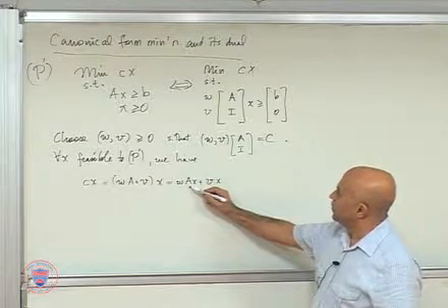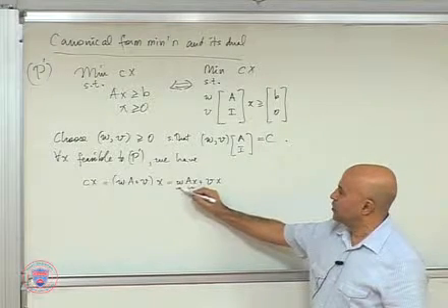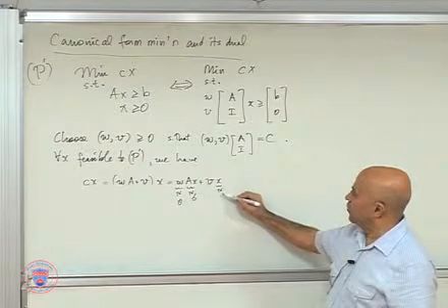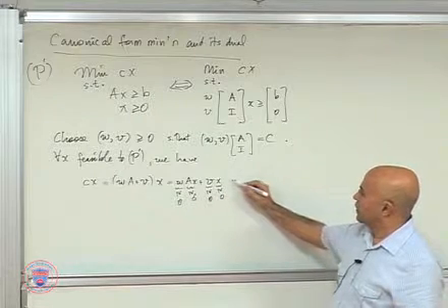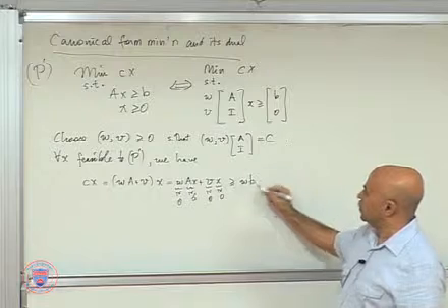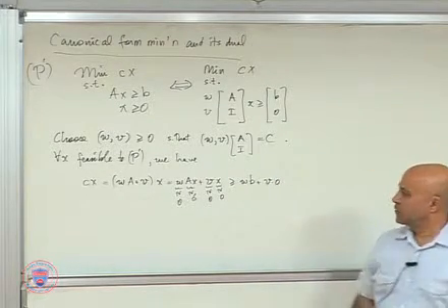Now, what do we know about AX? It's greater than or equal to B. W is non-negative. X is greater than or equal to 0. V is also non-negative. So this is greater than or equal to WB plus V times 0.